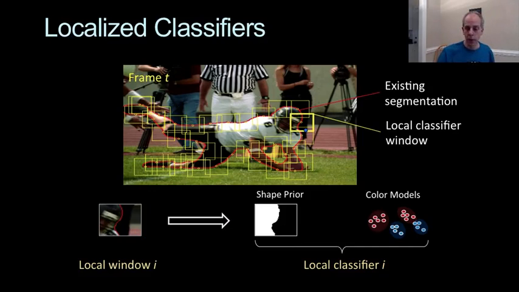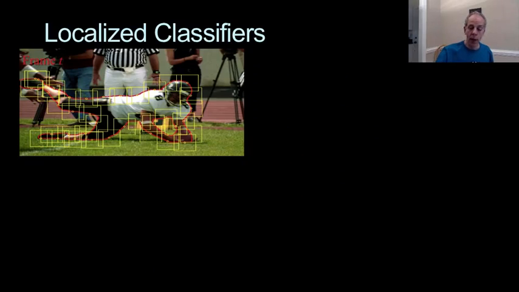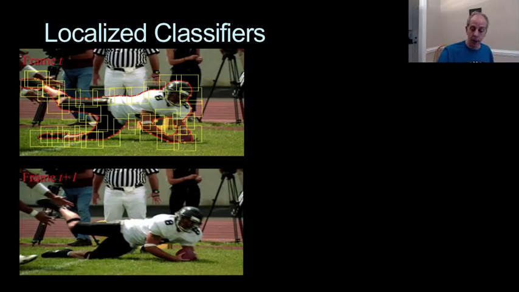So let's see how we use that. We are now in frame T, and we want to be able to segment out frame T+1. This is one of the frames that either we mark by hand or is one of the previous frames, as we're going to see in the next slides when we progress.